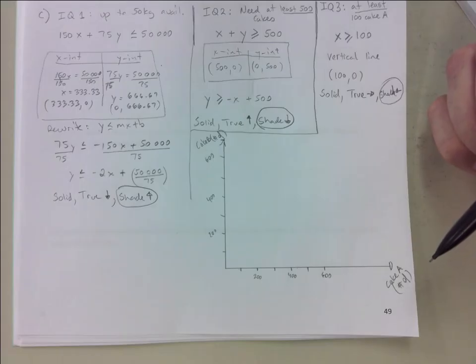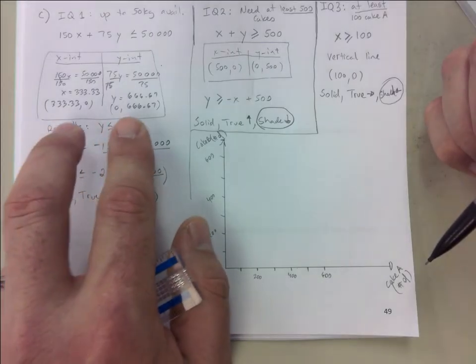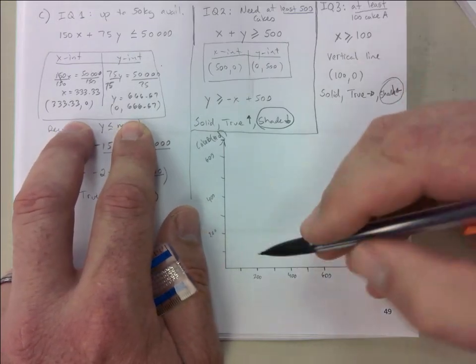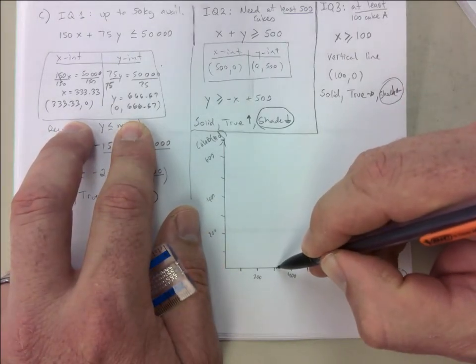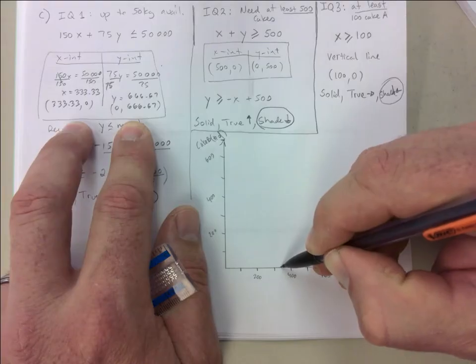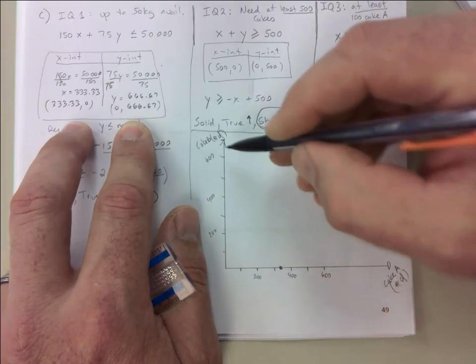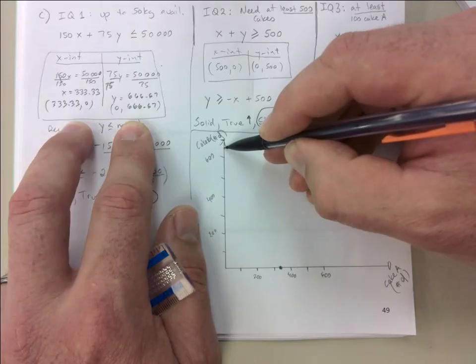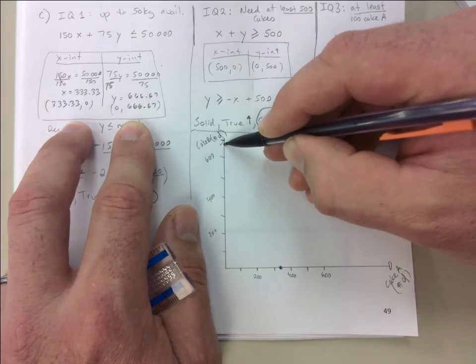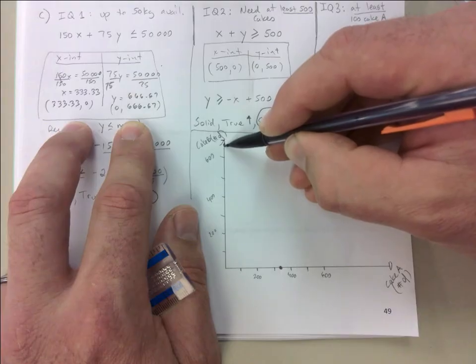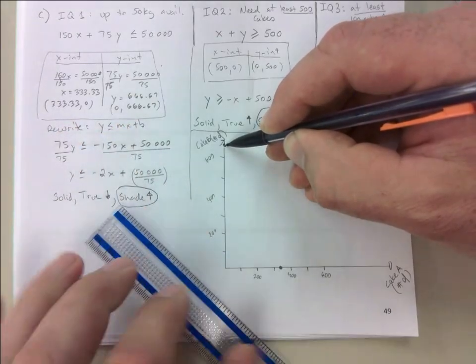Okay, now plot. Let's do one at a time. This one here, 333. This is 300. This will be 350. So 333 is right about there. And then 0, 666. This would be 650. 666 is right about there. And I'm going to connect those.